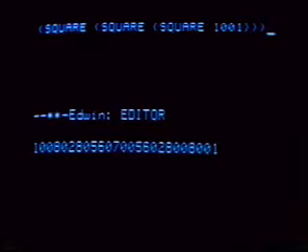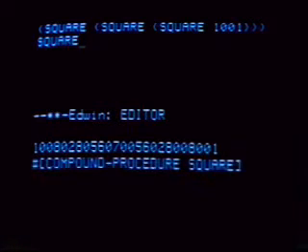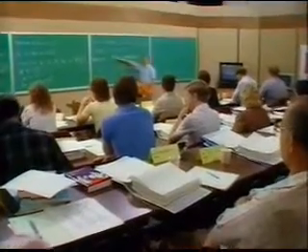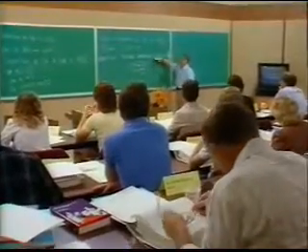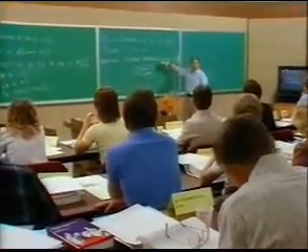And there's the square of the square of the square of 1001. Or I can say to Lisp, what is square itself? What's the value of that? And Lisp returns some conventional way of telling me that that's a procedure. It says compound procedure square. Remember, the value of square is this procedure, and the thing with the stars and the brackets are just Lisp's conventional way of describing that.